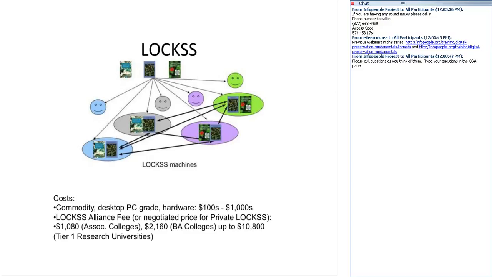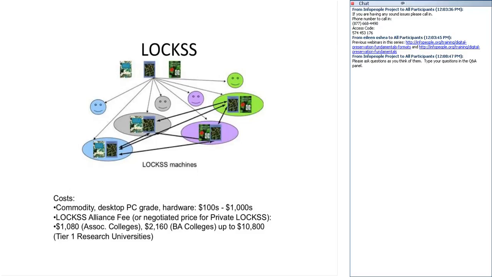LOCKSS started as an e-journal preservation service, the idea being that individual issues of an e-journal were harvested into the network, distributed across many LOCKSS boxes, these LOCKSS machines, and those machines then talked to each other all the time, comparing their contents. You know, I have volume 3 of Journal of Fancy Research, who else has it?